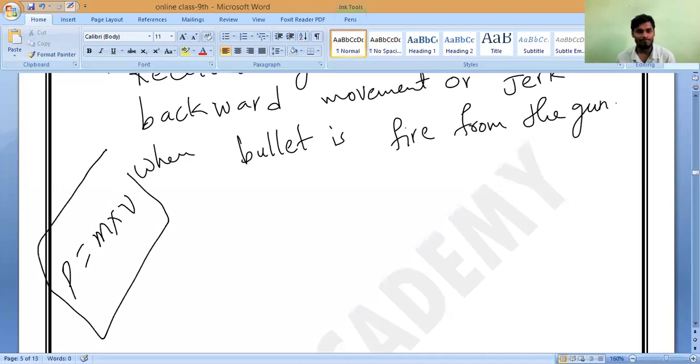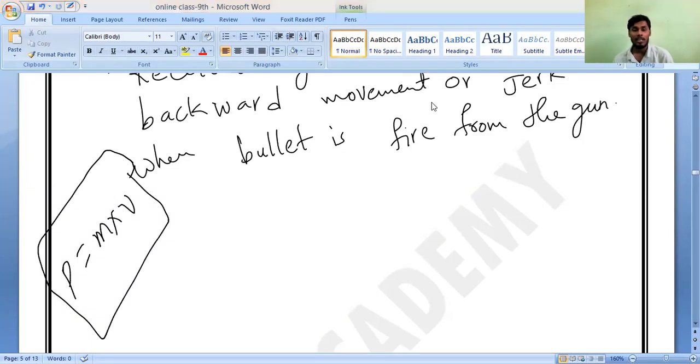The fired bullet produces a huge amount of momentum, so when the bullet comes out of the gun, the bullet also exerts the same amount of force on the gun. That is why the gun suddenly comes and hits our chest. We call it a sudden backward movement of the gun, or recoil of the gun, or jerk of the gun.